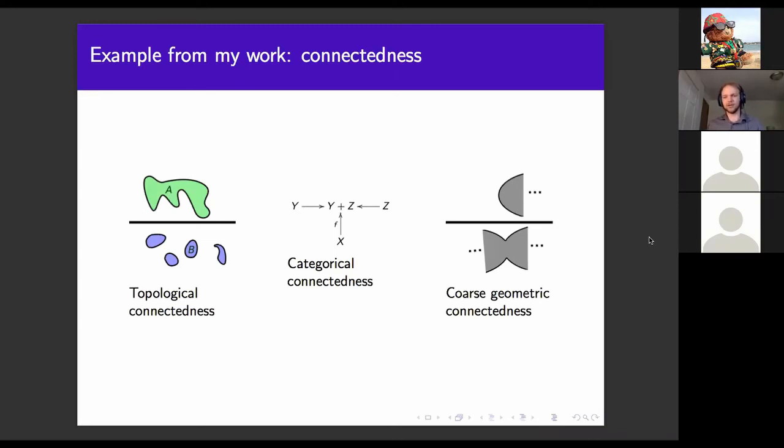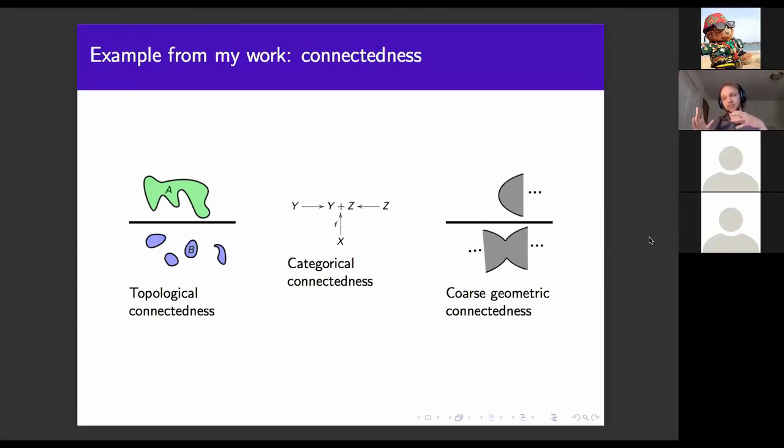Yeah. So the idea is there is a notion out there of connected object in a category. And it makes sense in a huge number of categories. You only need some very basic structure and you can write it down. And then your question becomes, okay, I can take a category and I can take my connectedness idea and I can apply it and see what stuff is connected according to this category. And in topology, it turns out to be exactly what you want in the category of topological spaces. But then there's this other category called the coarse category. And this category has some interesting stuff.